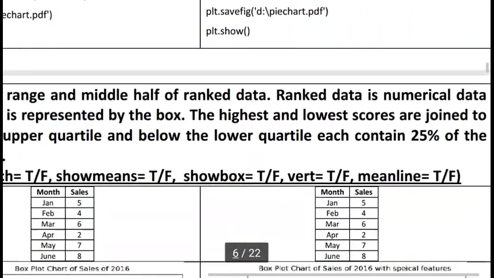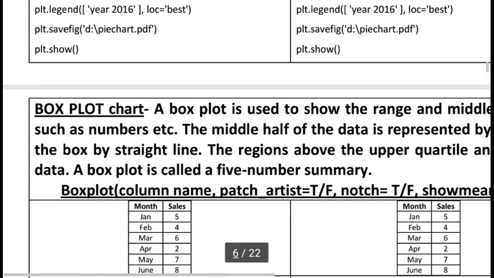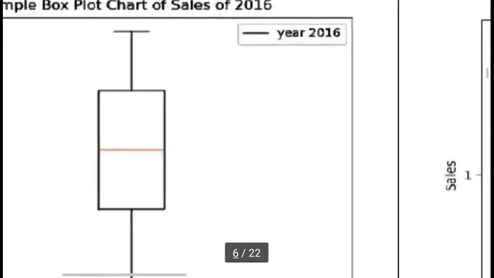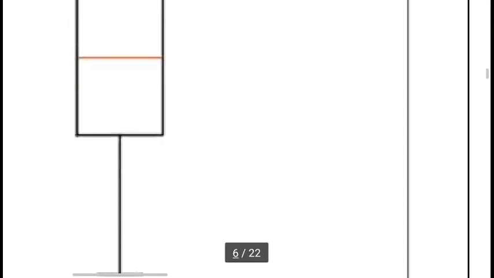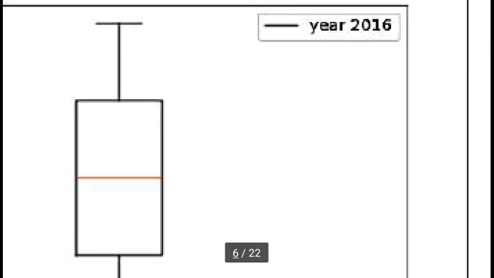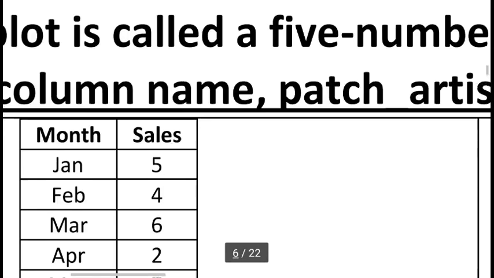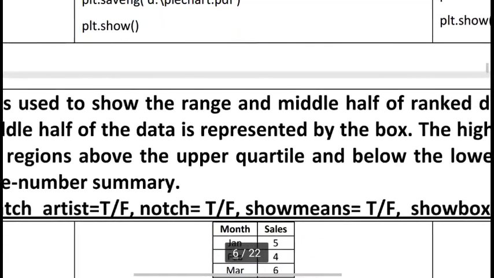Ranked data is numerical, such as numbers we know very well. The middle half of data is represented by the box. So you can see this red line is the middle data, below is 50%, and above this line is 50% of data, we can say. The middle half of data is represented by the box.